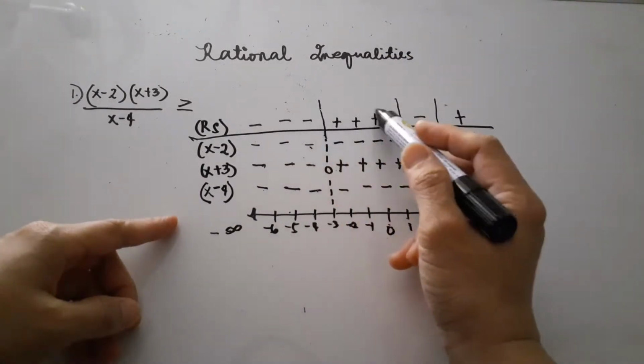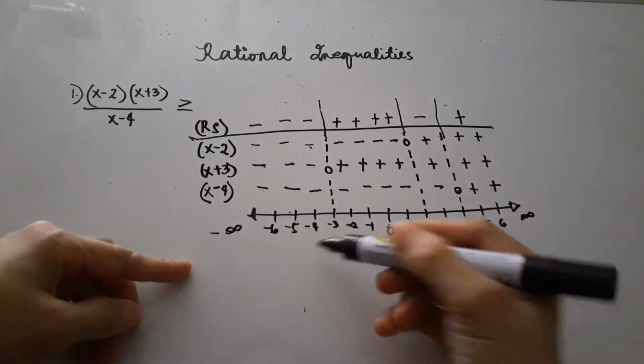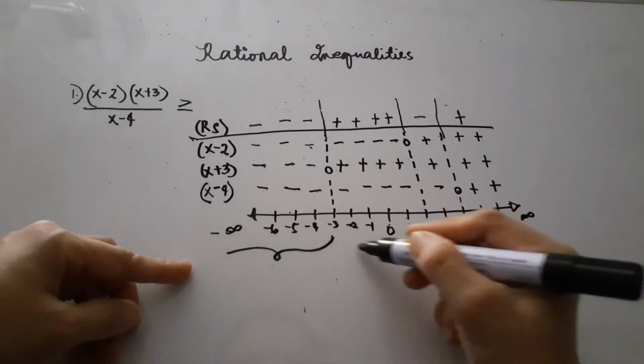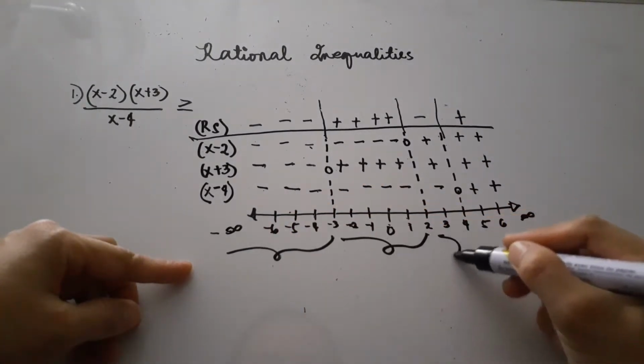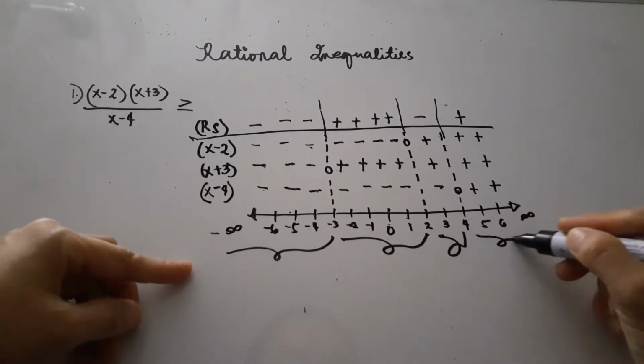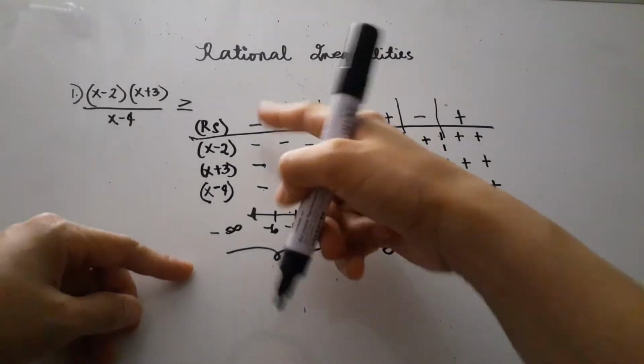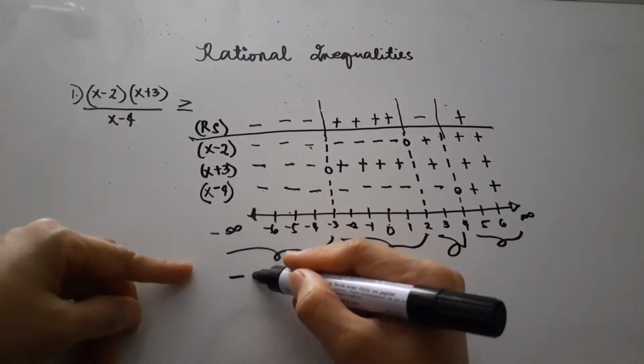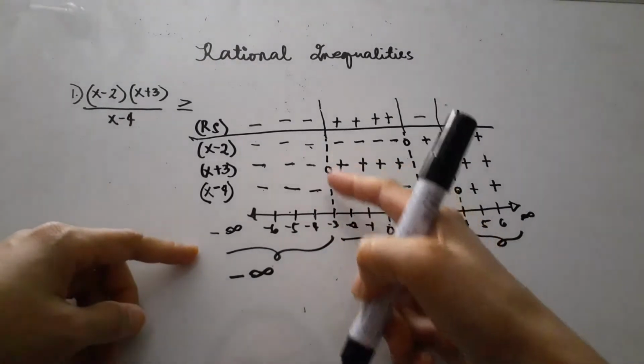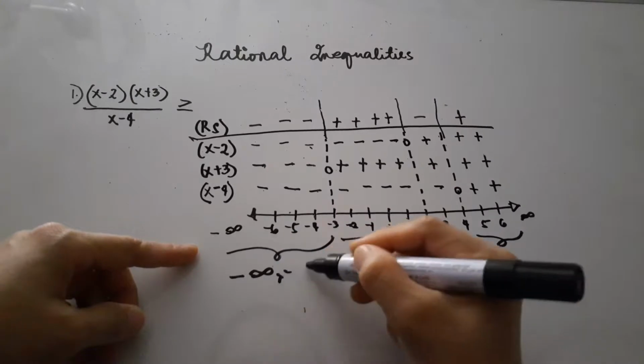And then we can identify the interval in these sections. We have the corresponding sections here, so we can identify their corresponding numbers. So we have negative infinity and negative 3.